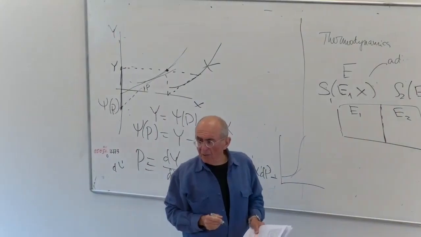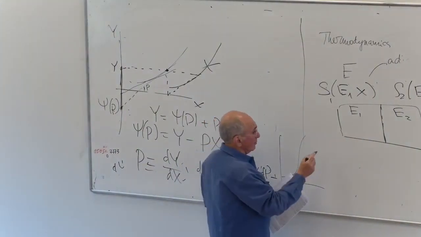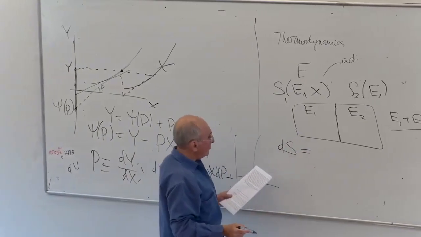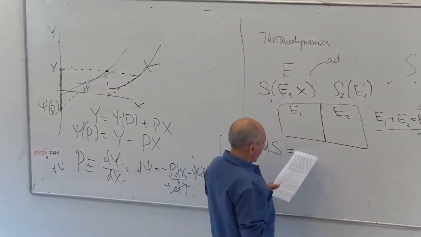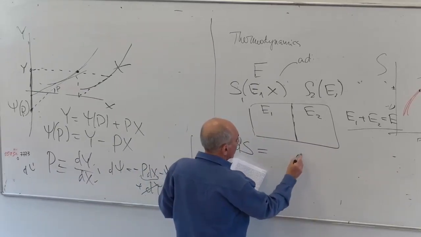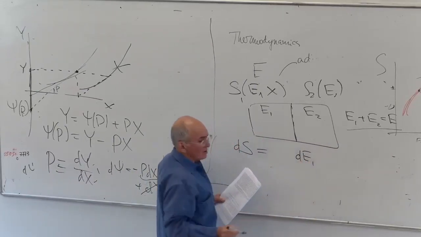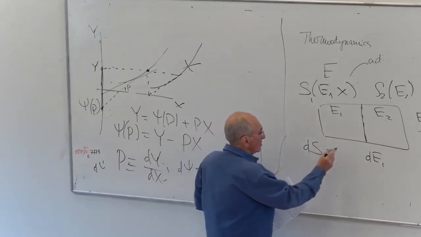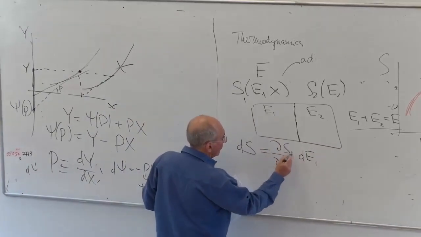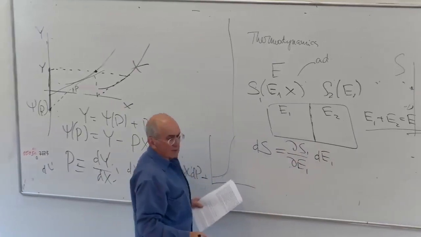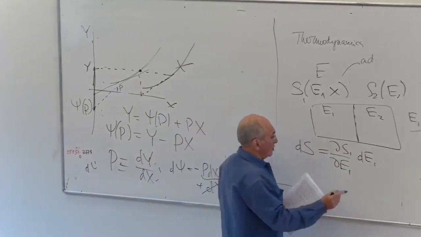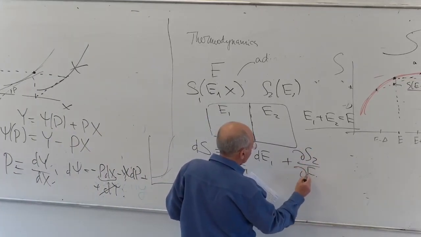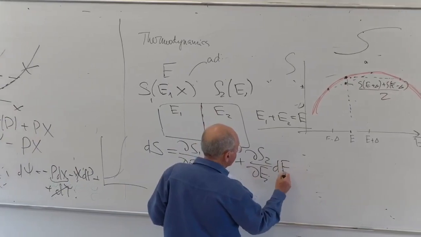Okay? So now it's a very simple statement, that if you look at the change of entropy upon any energy exchange, let's say that my first system acquired energy dE1. Then the change of entropy is, of course, this one, right? Now, the change of entropy of the second system is dS2 over dE2, dE2.